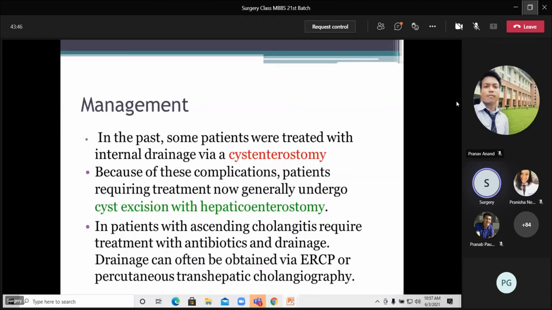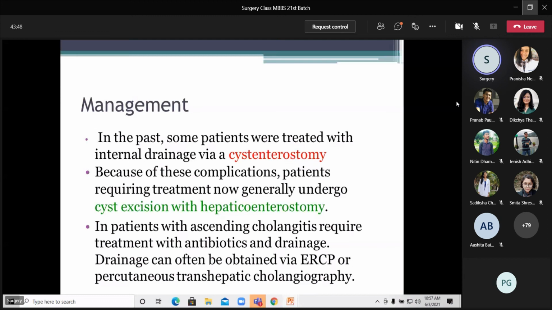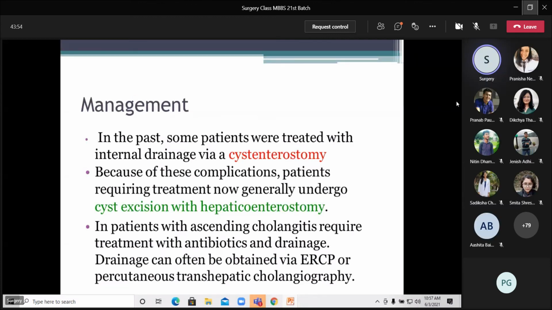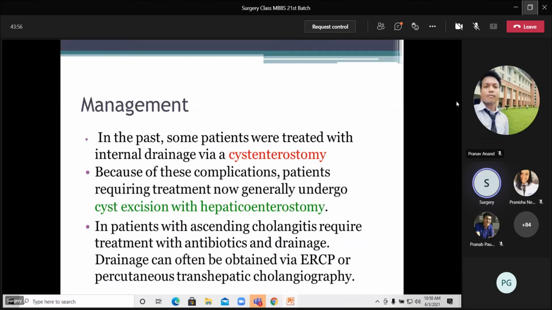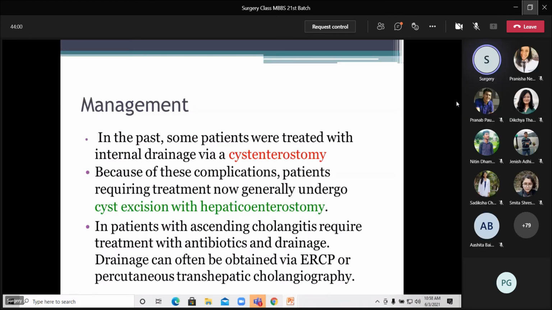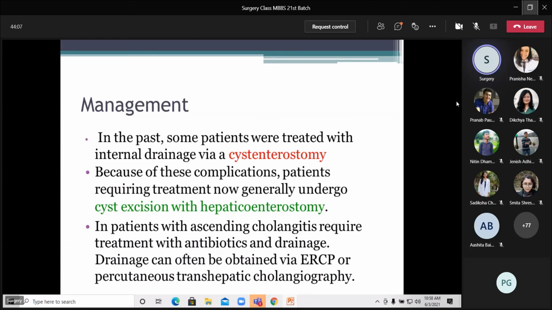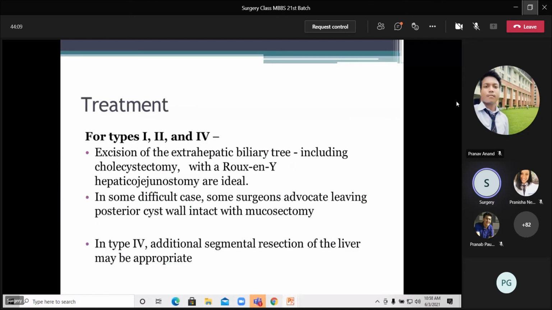You remove the cystic dilated part, whatever is possible, to reduce the chance of developing carcinoma at a later date. Then do a portoenterostomy so that there is no more reflux of pancreatic juice into the biliary tree, and the biliary tree drains properly. So you have to make a good anastomosis with the bile duct.